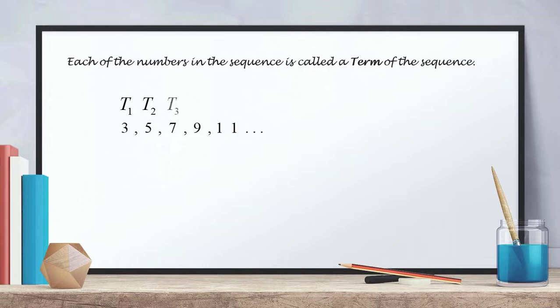The third term of the sequence is symbolized by T3. 9, the fourth term, is T4. 11, the fifth term, is T5. Generally, we symbolize the terms of the sequence by Tn, where n is equal to 1, 2, 3, 4, and so on and so forth.